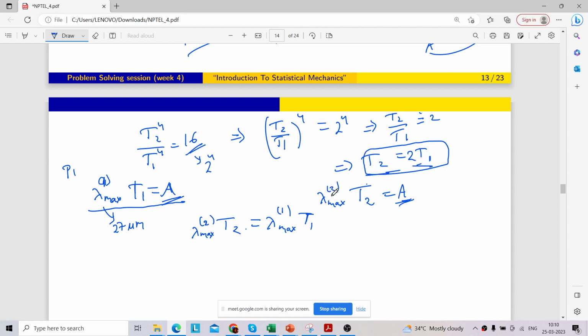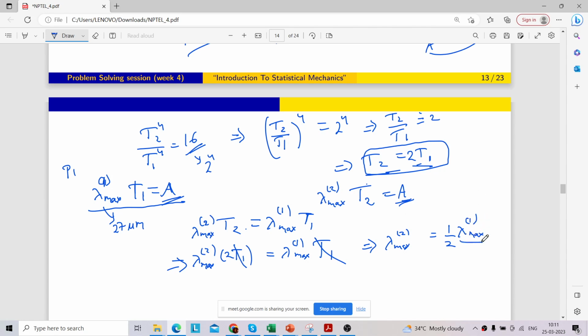T2 is twice the value of T1, so I can put this here. So this will be lambda 2 max times 2T1, and this will be lambda 1 max T1. So I can cancel T1 on both the sides. What I will get is lambda 2 max is half of the value of lambda 1 max.